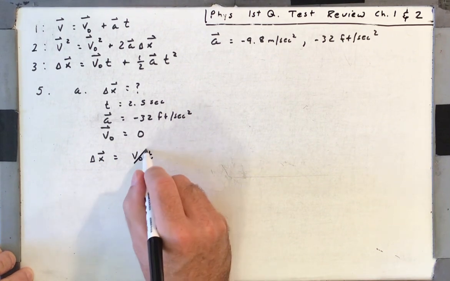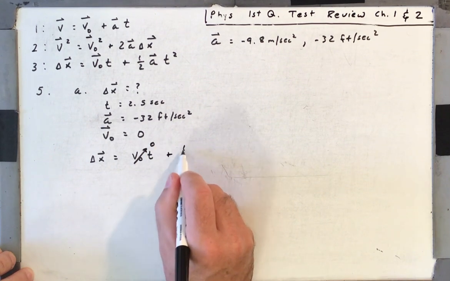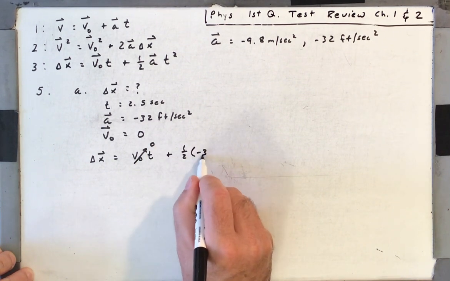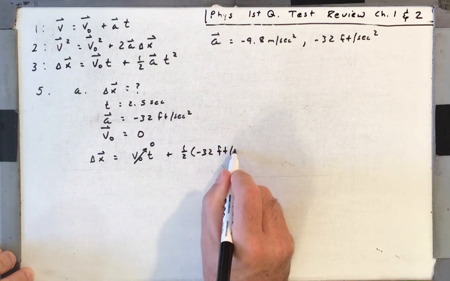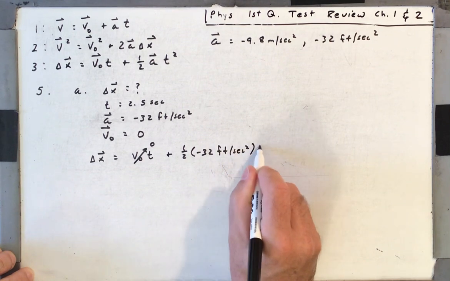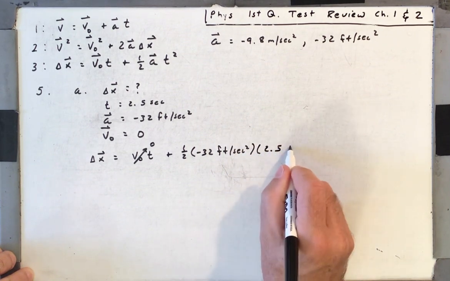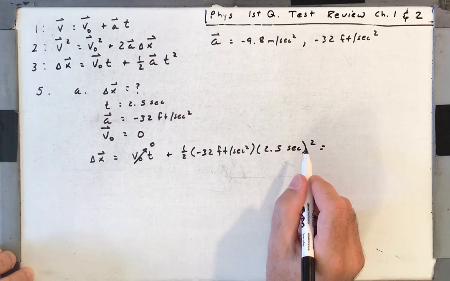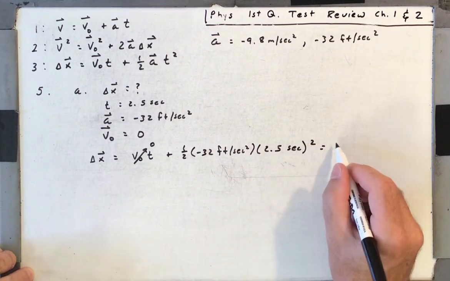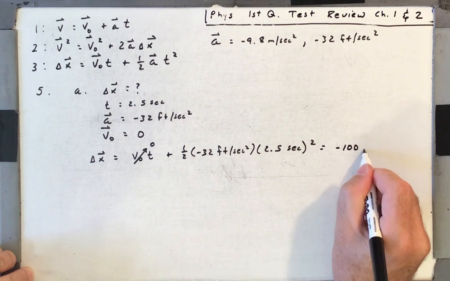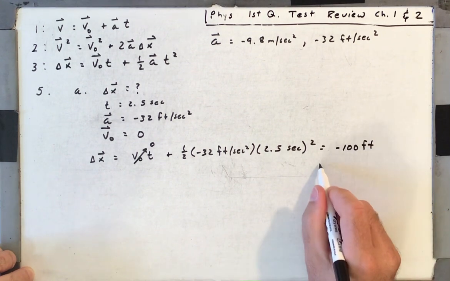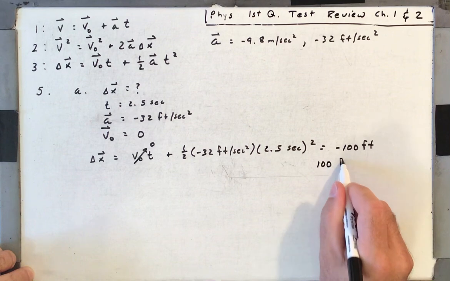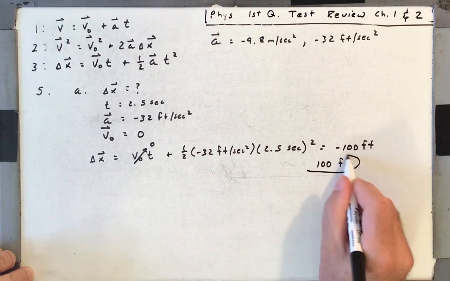Well, since v naught is 0, that goes to 0, plus 1/2 times negative 32 times 2.5 seconds all squared. All right, that's going to give you a displacement of negative 100 feet, but we don't report heights as negative, do we? So the answer would be the bridge is 100 feet high.